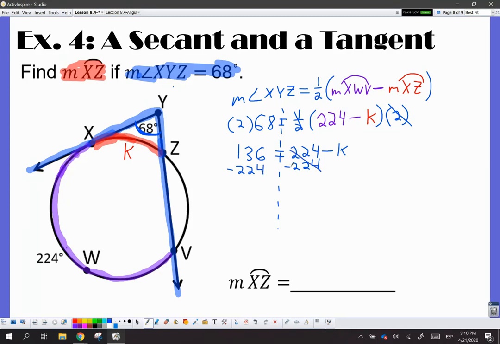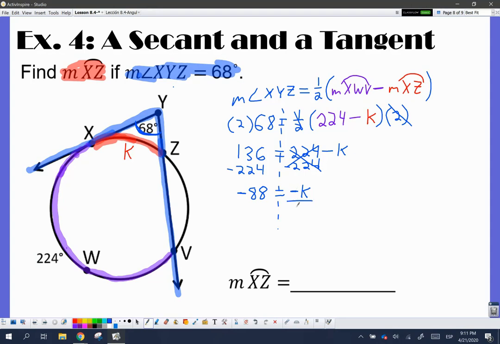That cancels this out, and I'm left with K, but not just K, because I still have the minus in front of K, so this is going to be negative K. On the other side, I have 136 minus 224, which gives me negative 88 when I subtract those. Now, since I want K, I don't want negative K, so I need to change that negative to a positive.